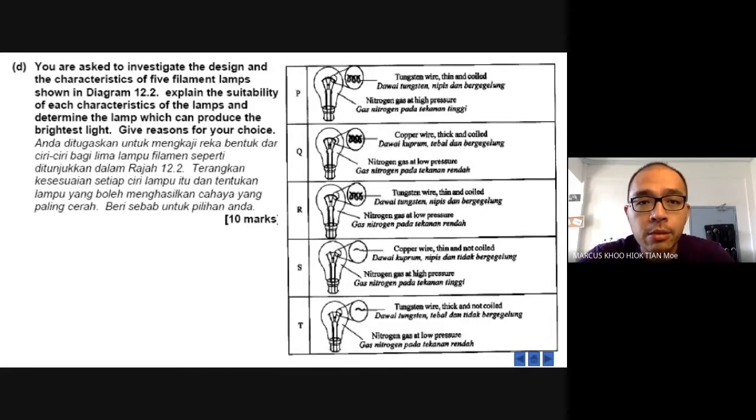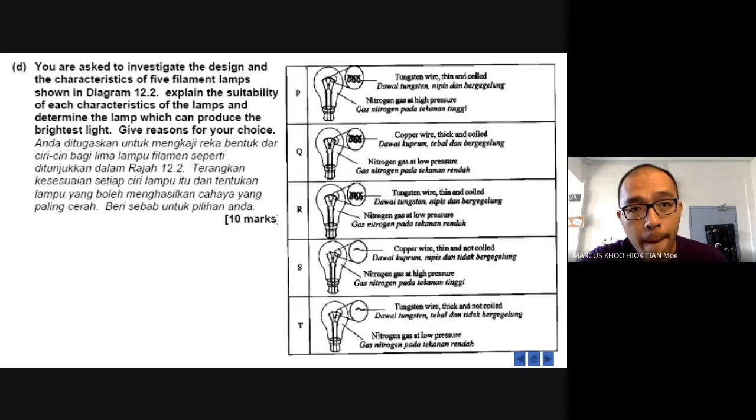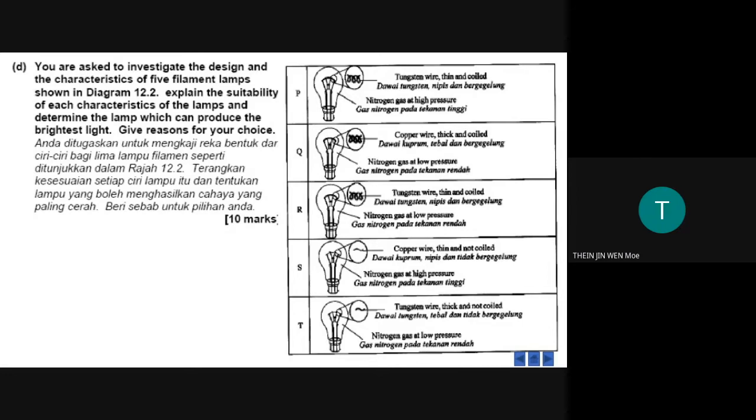Wire. Let's talk about the type of wire, please. There are two types of wire, tungsten or copper. Tungsten. Why tungsten? High melting point. Or produce more heat.